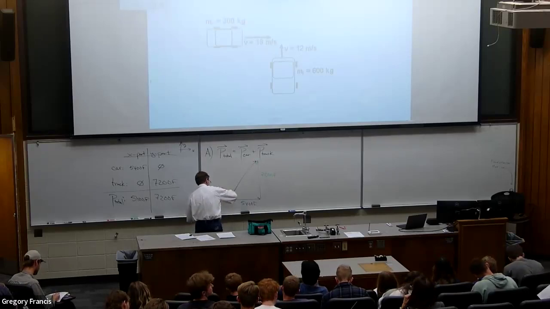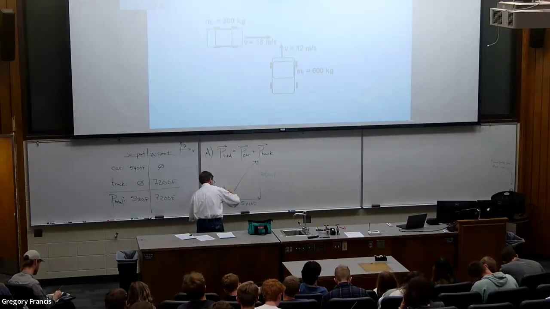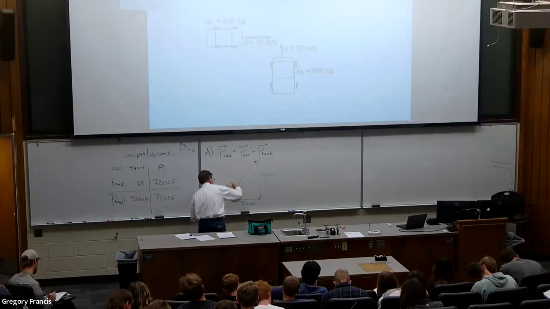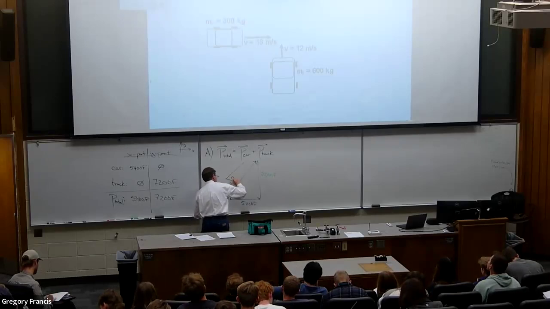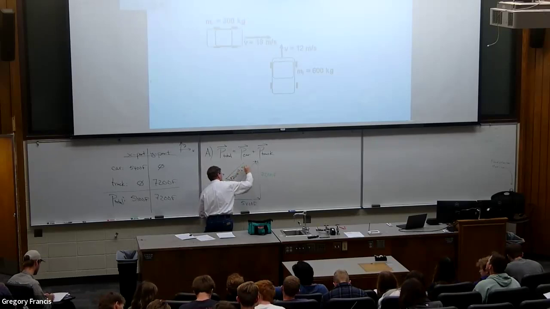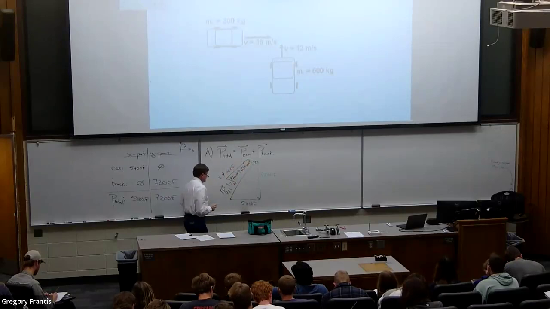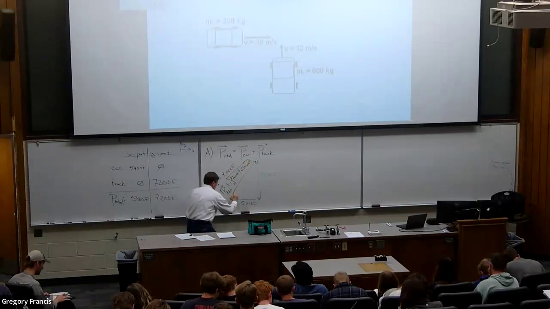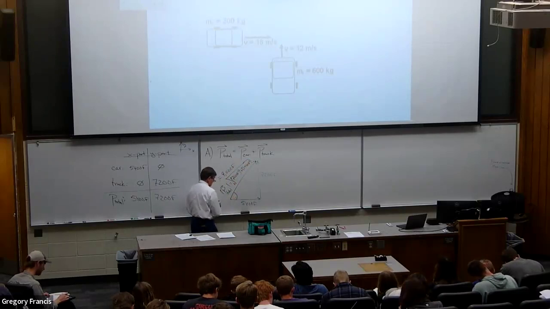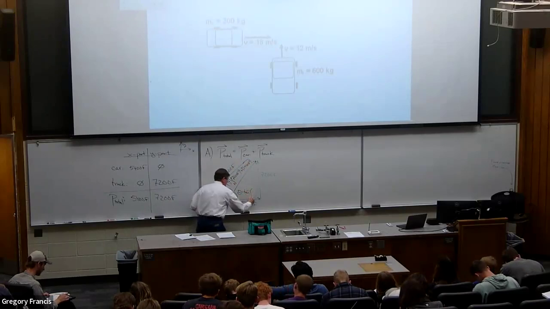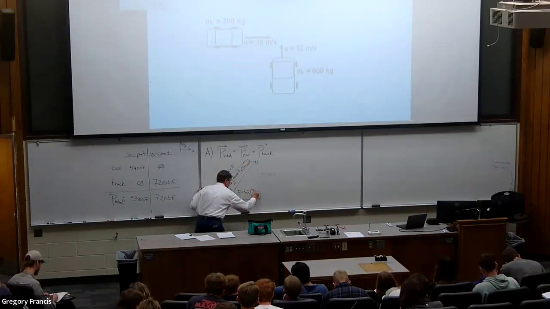And the magnitude of that vector is going to be given by Pythagorean theorem. That's going to be the square root of 7,200 squared plus 5,400 squared. And that's equal to 9,000 Franci. This angle here is going to be equal to the inverse tangent of 7,200, the opposite side, over 5,400, the adjacent side.